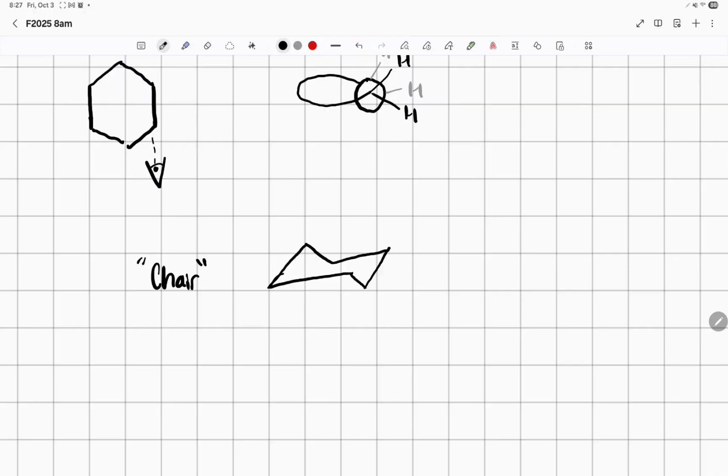So cyclohexane will adopt, like I said, that essentially perfect Newman projection. So if we draw that, we would have 3 hydrogens pointing straight upwards.